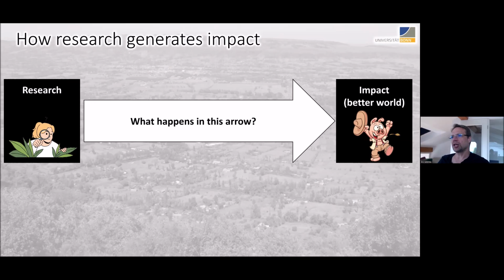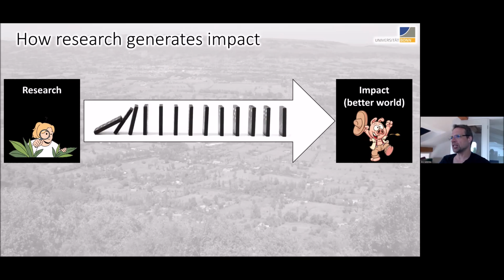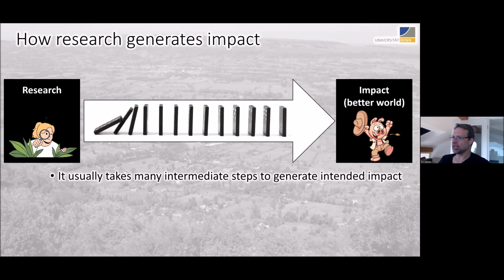When you start thinking about this a little bit more deeply, you realize that there's a bunch of things that need to happen for this impact to unfold. And usually it takes many intermediate steps to generate the intended impact. Sometimes it never happens, of course; the chain can be interrupted.